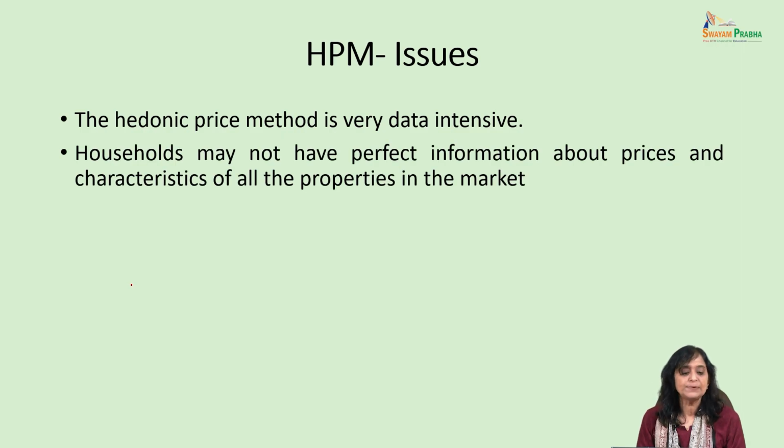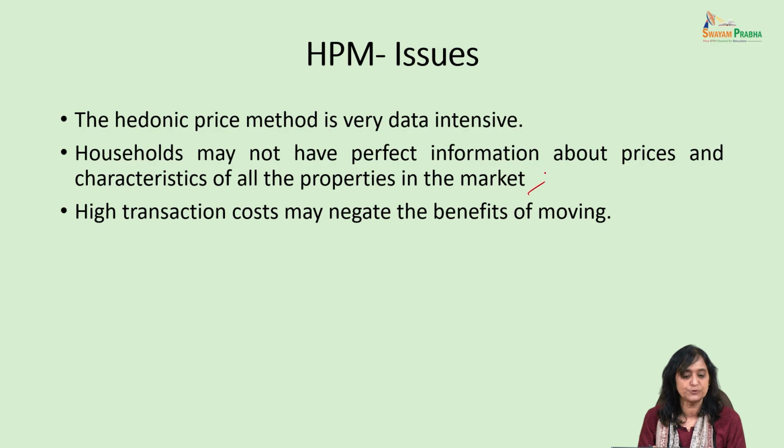Then, sometimes households may not have perfect information about the prices and the characteristics in the property market. Many a time people may not have complete and accurate information. Also, there are high transaction costs which may negate the benefits of moving.